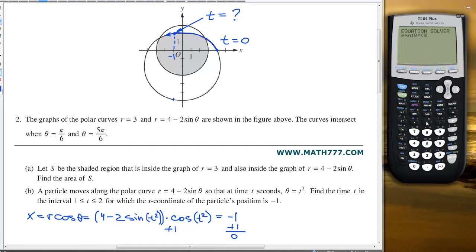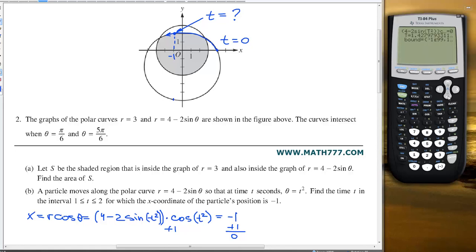And so the equation is 4 minus 2 sine t squared, close parentheses, times cosine of t squared, plus 1. So we need to find such t that this equation is true.